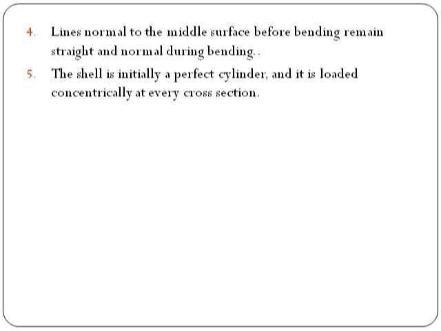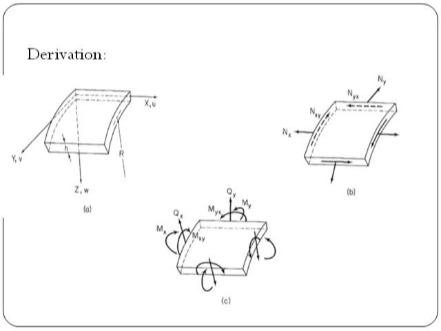Fifth: the shell is initially a perfect cylinder and it is loaded concentrically at every cross section. So the shell, as I told you, will initially be a perfect cylinder, and it should be loaded concentrically at every cross section. So moving to the derivation part, we need to keep in mind all the assumptions.